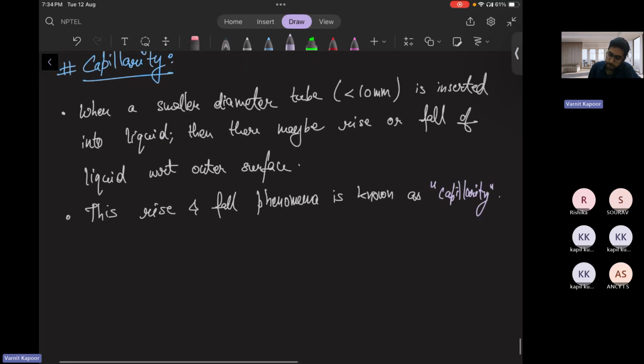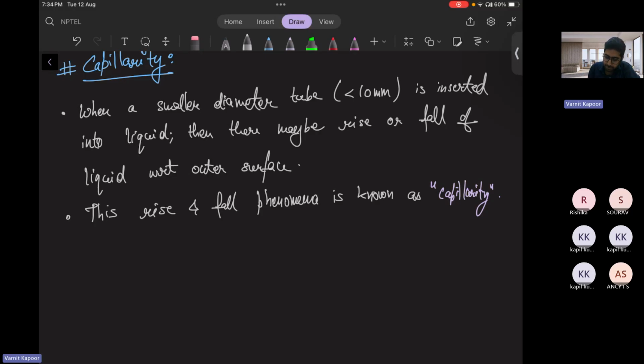Surface tension happens because of only the unbalanced cohesive forces, whereas capillarity happens because of both cohesive and adhesive forces. Because there is a tube which is solid in nature and there is a liquid, so there is cohesion and adhesion happening.